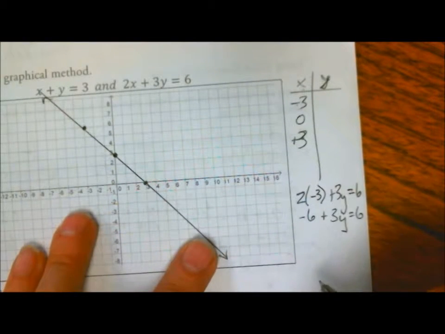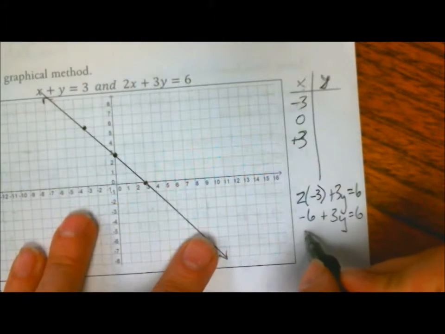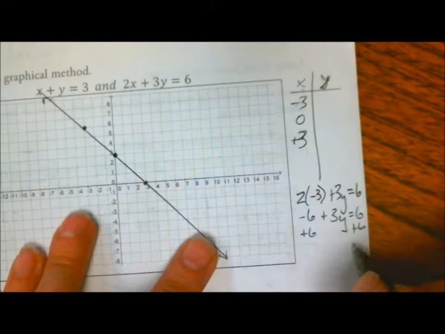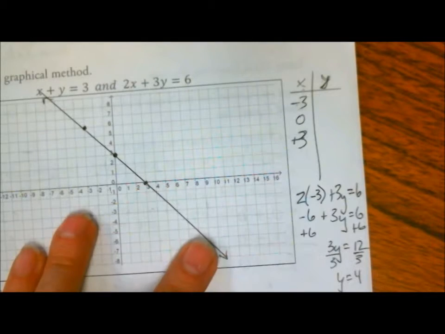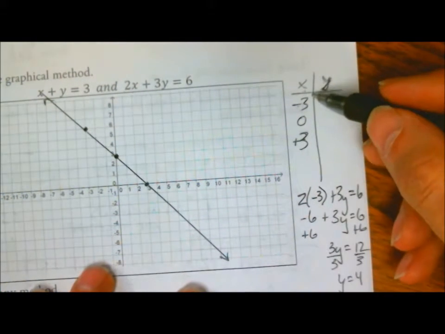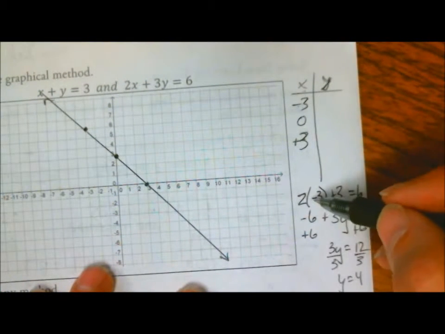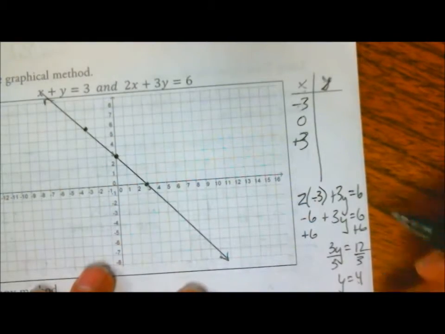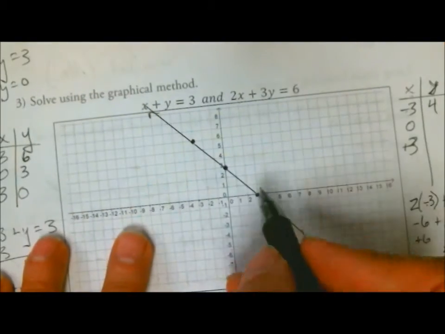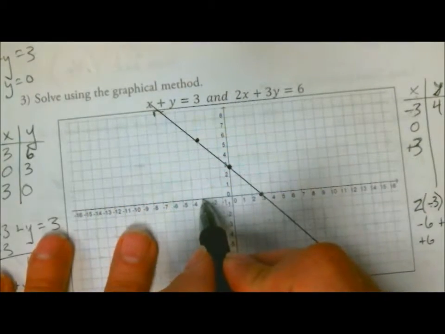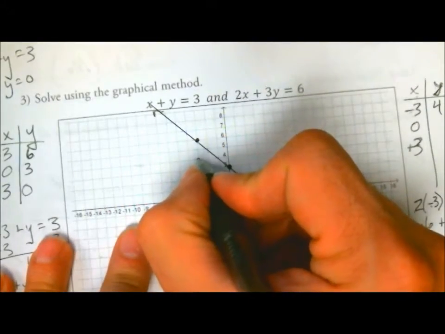So you're going to have to practice that. If I add 6 to both sides, I get 3y equals 12. I divide by 3 on both sides, and I get y equals 4. So when x is -3, y is 4. -3, 4, I plot that point, so I come over here -3, 4, and put a point in.